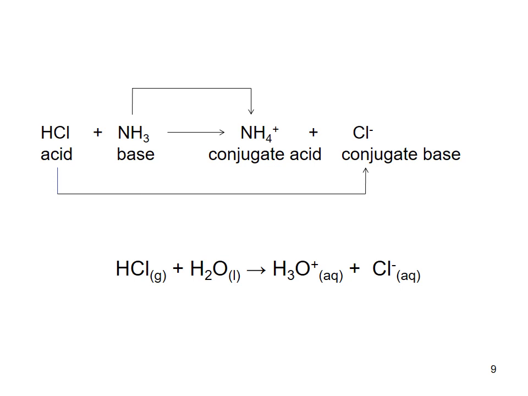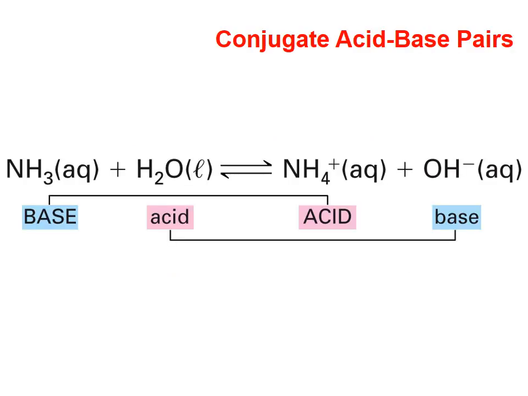Here the hydronium ion H3O plus is the conjugate acid, because it can release an H plus ion, and Cl minus can easily accept the H plus ion, so that becomes a conjugate base. The Lowry-Bronsted concept is always associated with a pair of conjugate acid and base. Another example is ammonia and water, where again you can see a conjugate acid base pair.